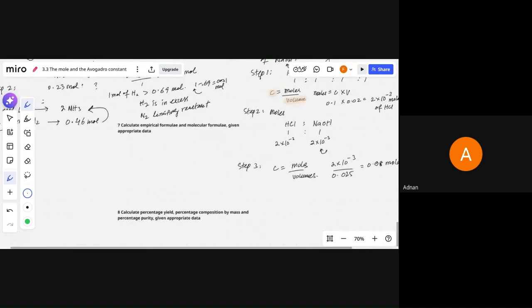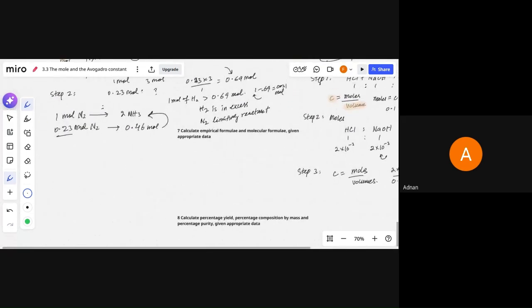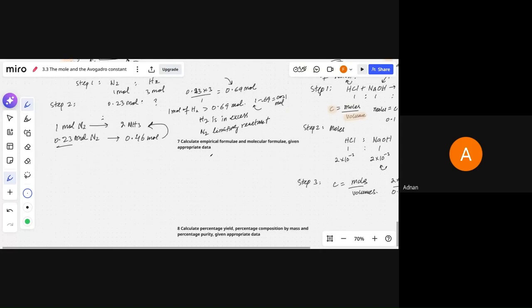Okay, so now calculate empirical formulae and molecular formulae given appropriate data. Okay, so hold on a minute. Let me just quickly create a question for this one. Usually, percentages of elements are given. So let me just quickly create a question on this.